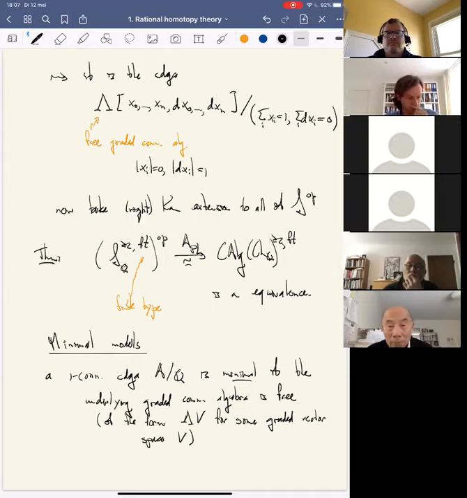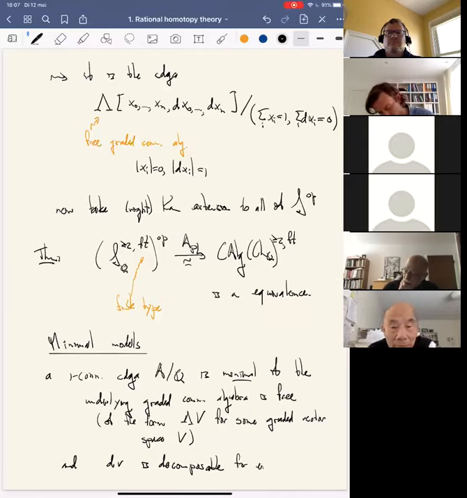The second condition is the following. If I take the differential on one of these little v's that lies in this vector space, capital V, so if I take a differential of a generator, then this is decomposable for every little v in capital V. In other words, you can write it as a linear combination of products.